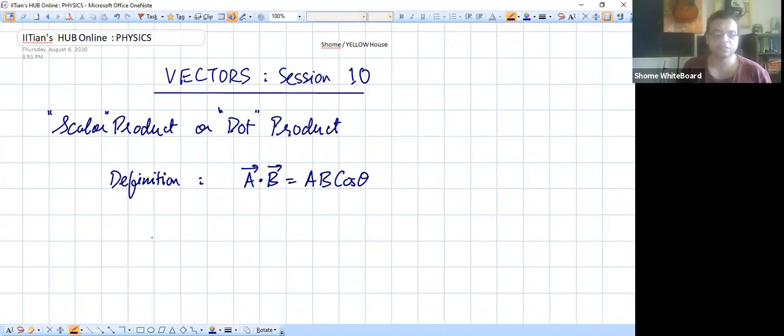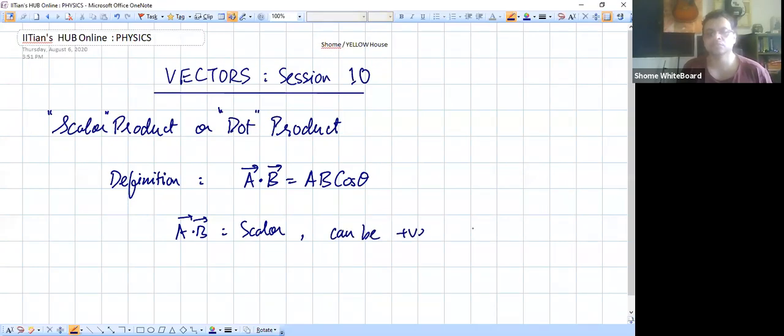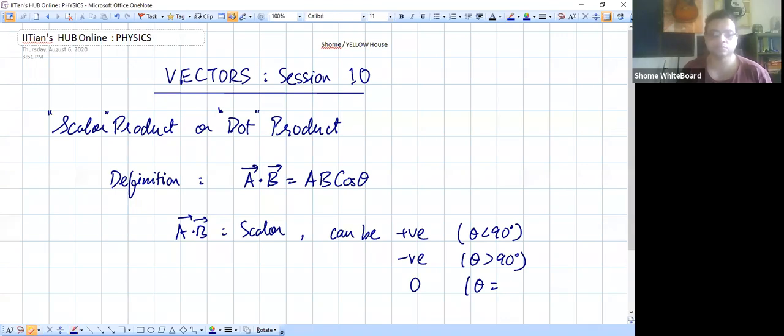And therefore we had seen that A dot B is a scalar quantity which can be positive when theta is acute, negative when theta is obtuse, or 0 when theta is exactly equal to 90 degrees. So for perpendicular vectors, the dot product becomes 0.